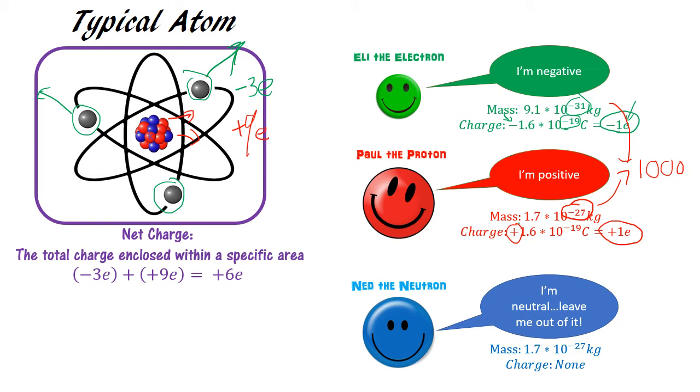This idea of net charge works because we have a conservation of charge. We talked about two other conservation laws before: conservation of mass and conservation of energy. The combination of those two is what I told you is called the fundamental law of the universe. Total charge must remain constant, just like total mass must remain constant and total energy must remain constant.